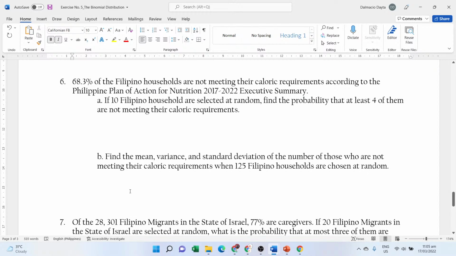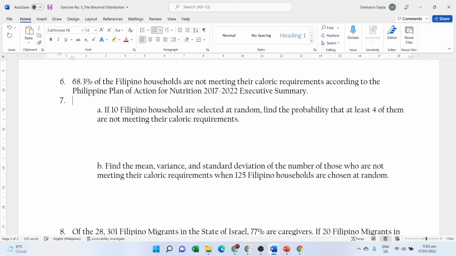Number 6 tayo. 68.3% of the Filipino households are not meeting their caloric requirements according to the Philippine Plan of Action for Nutrition 2017 to 2022. If 10 Filipino households are selected at random, find the probability that at least 4 of them are not meeting their caloric requirements.